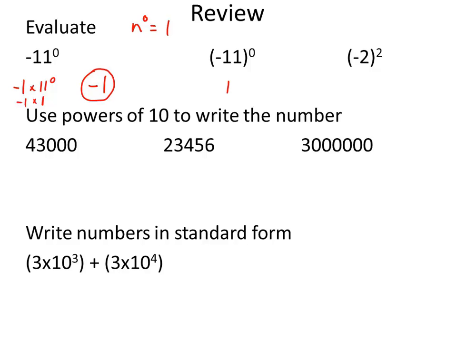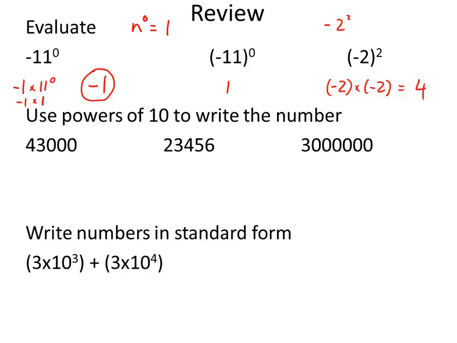Now we have this one right here, and we just have another power. Again, since this is on the inside of the brackets, this is going to be negative 2 times a negative 2. A negative times a negative is a positive, and 2 times 2 is 4, so this is just going to equal positive 4. Now if we wrote negative 2 to the power of 2 with no brackets, it would be like back to what we originally did.